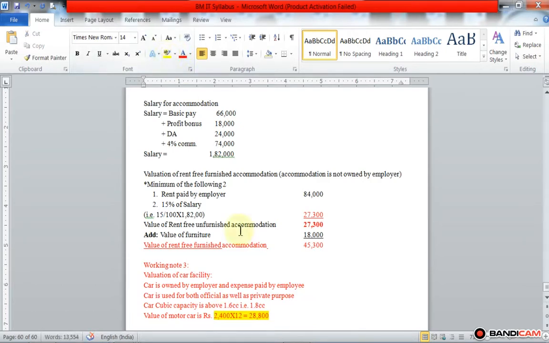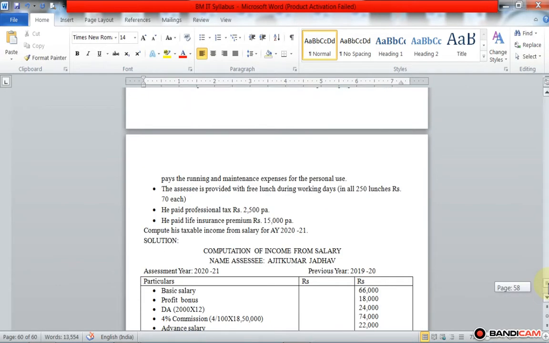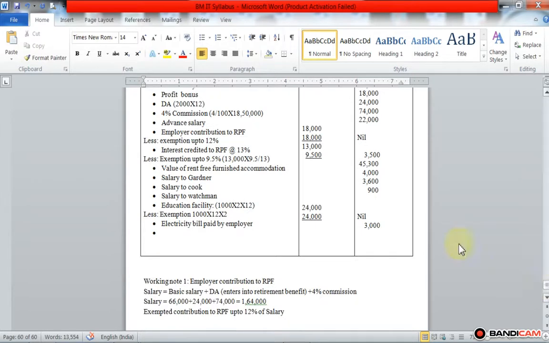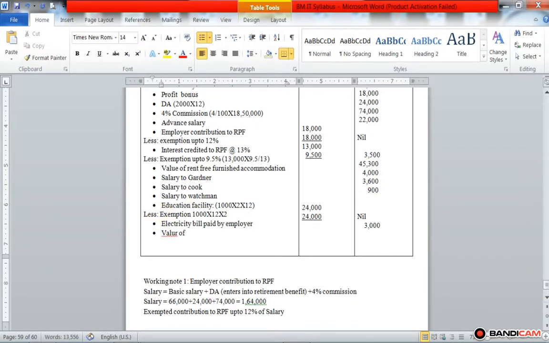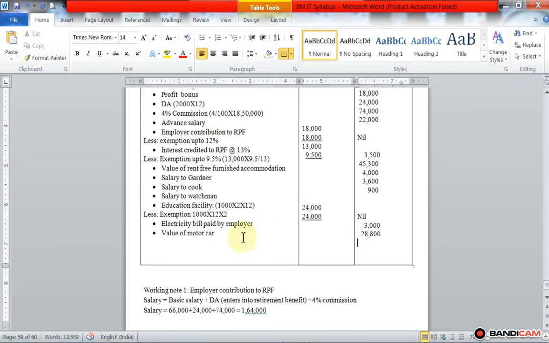Because the driver is not provided, we can't consider the driver's salary here. If the car is below 1.6 cc, then we take 900 into consideration. So here, value of motor car, 28,800.